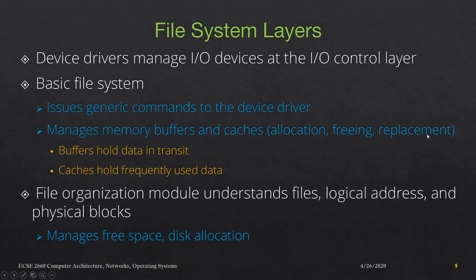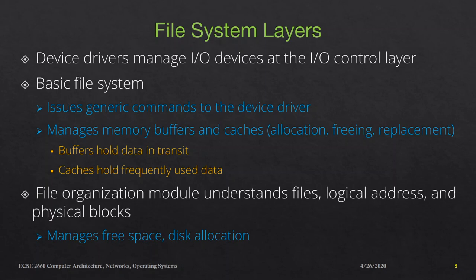So let's quickly summarize these topics in this slide. We have at the I/O control layer, we have the device drivers that manage the input-output devices. The basic file system issues generic commands to the device driver. It manages memory buffers and caches, because at the very bottom we have the devices, at the very top we have application programs.